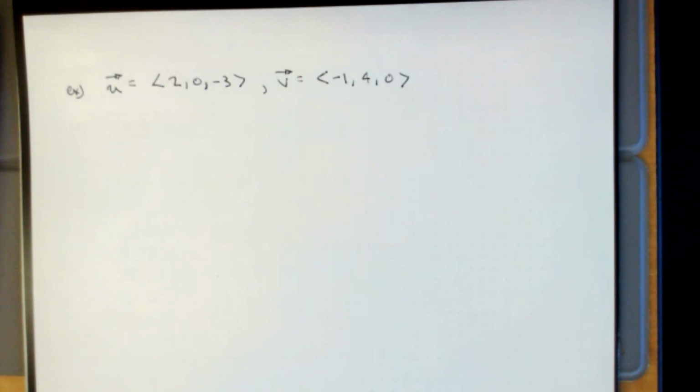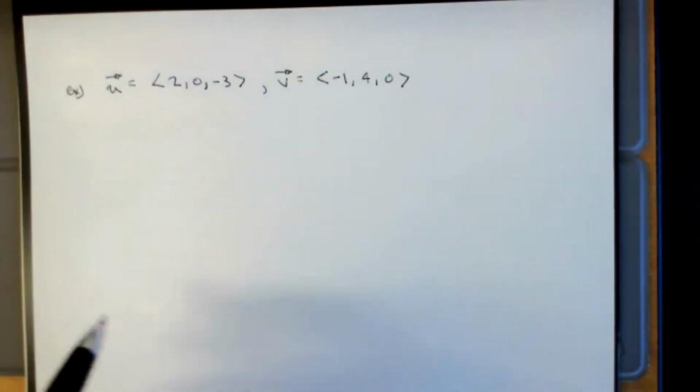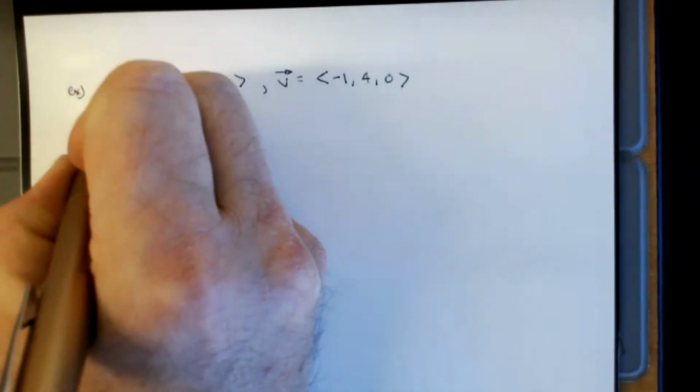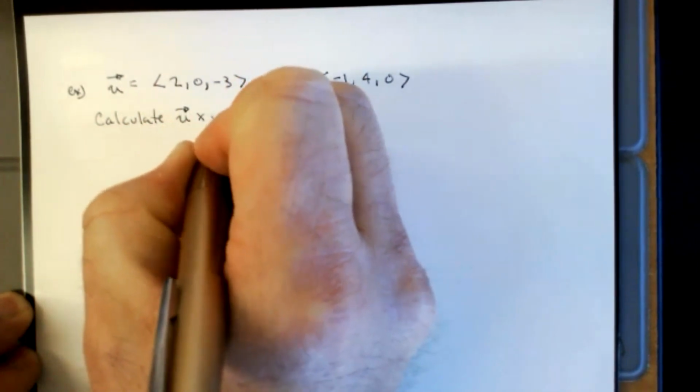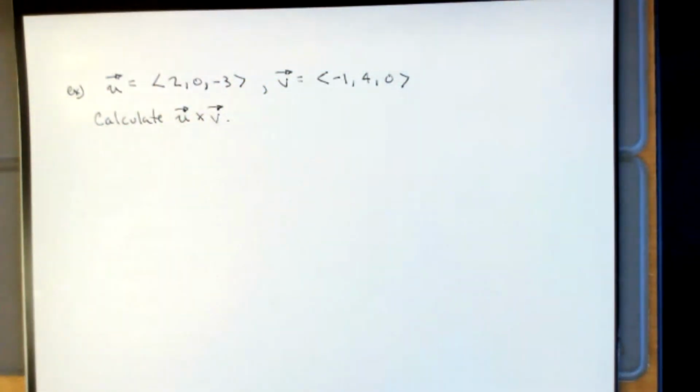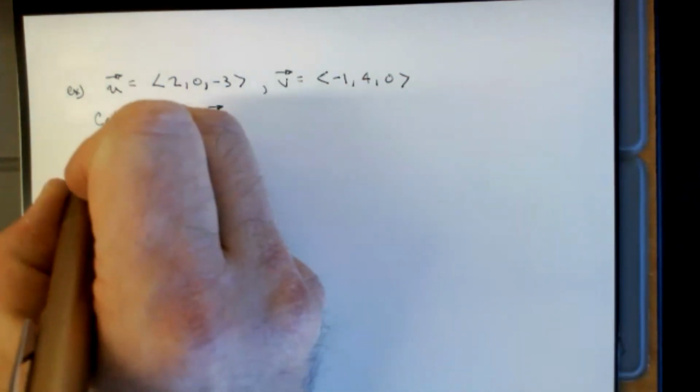What we will want to do is calculate U cross V and then verify the claim that U cross V is perpendicular to U and perpendicular to V. So we want to calculate U cross V, and then we should also check to make sure that U cross V lives up to what we said it was going to be. We want to show that U cross V is perpendicular to U and perpendicular to V.